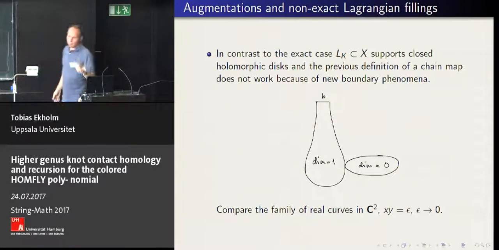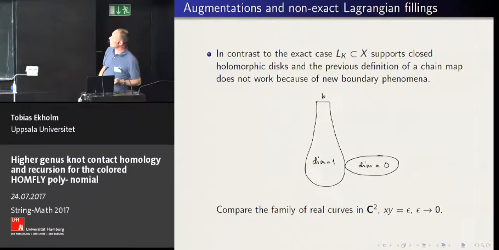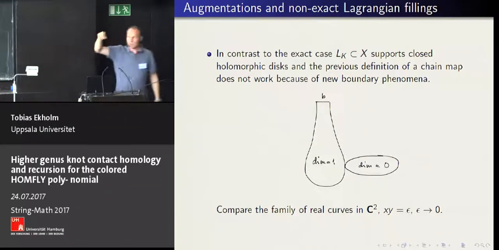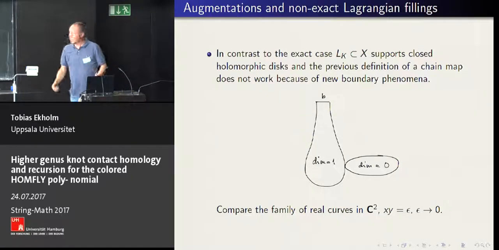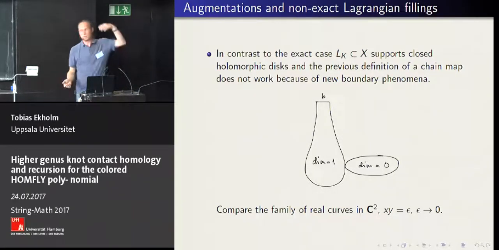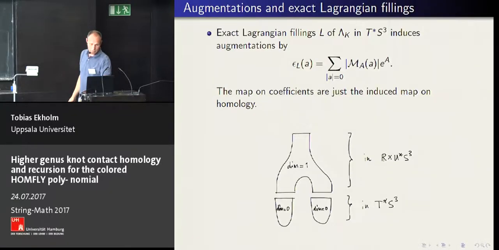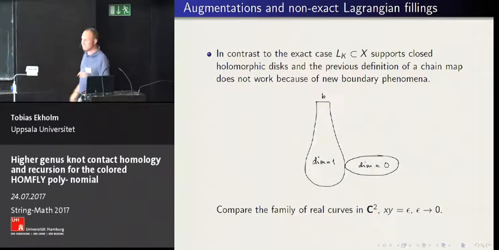But what can now happen is that we have this so-called boundary splitting. So there is a closed holomorphic curve splitting off along the boundary of this one-dimensional disk with positive asymptotic. So therefore, our configurations, which we want, the one on the previous page, or way back, do not sum to 0. So this is just part of the boundary of some manifold which has now a new kind of unknown boundary.